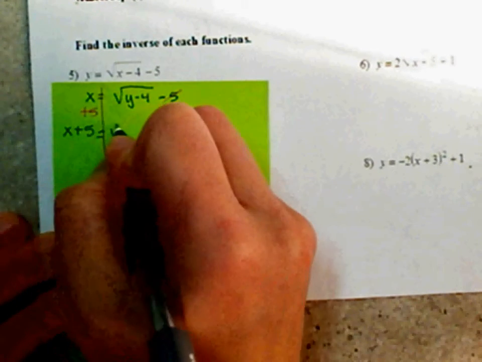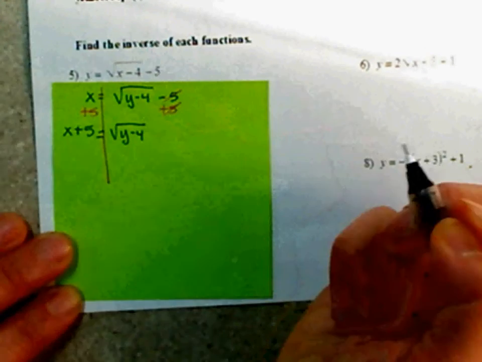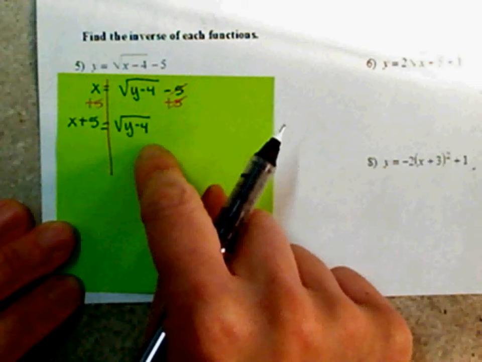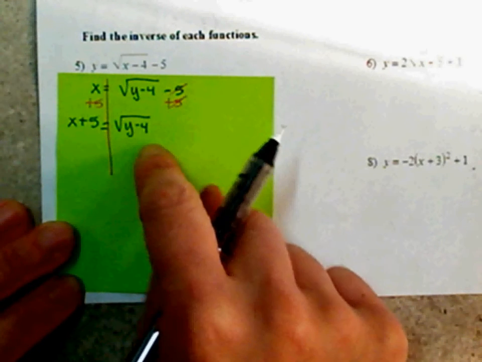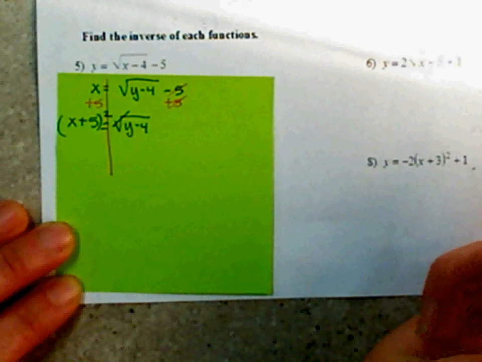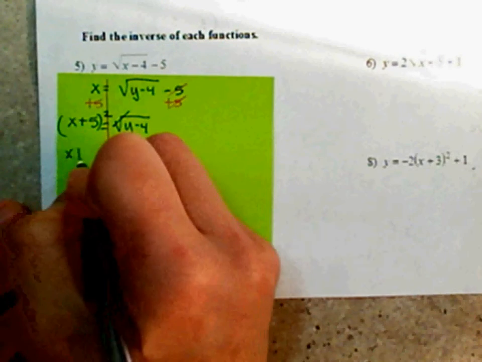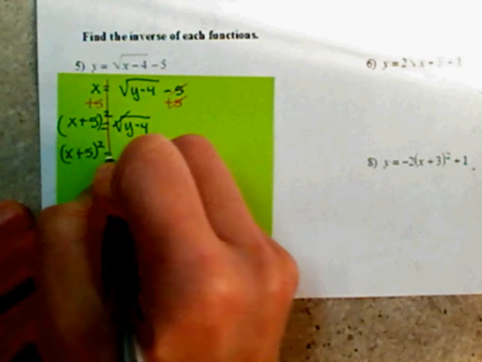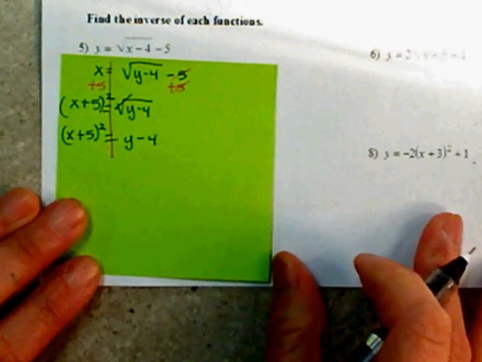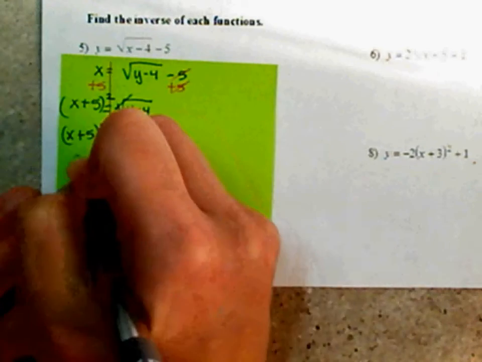Okay, how do you get rid of that square root? You square. And that goes away. See it? So x plus 5 squared is equal to y minus 4. Now what? Plus 4. Good. So I'll just mark it off. I'm doing this for Alex where I just mark it off.